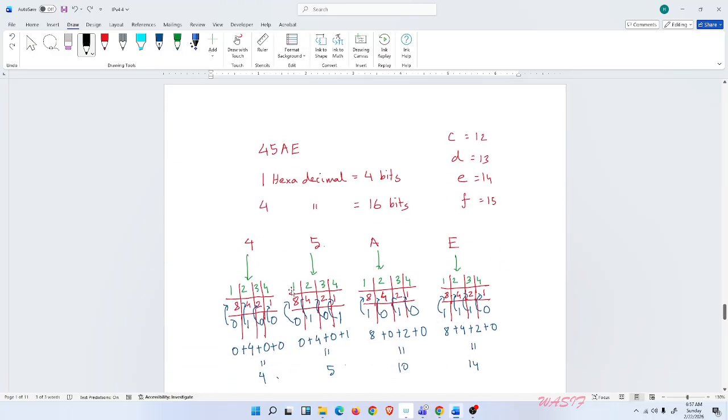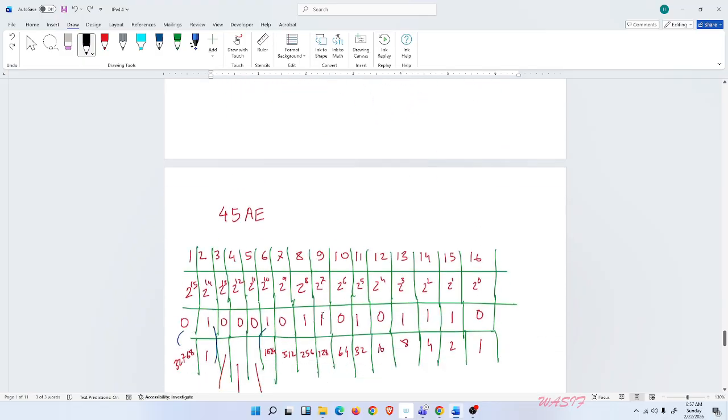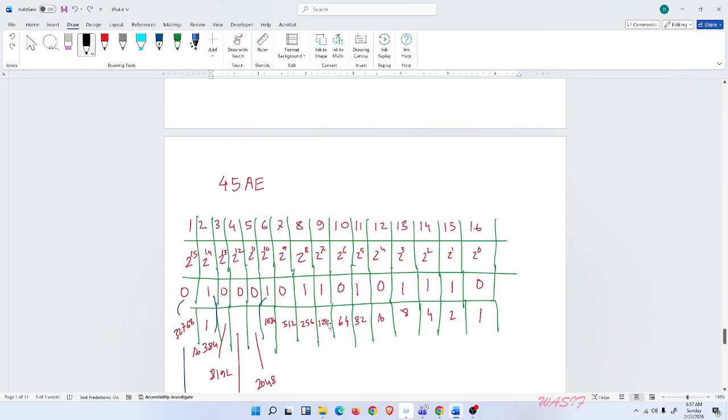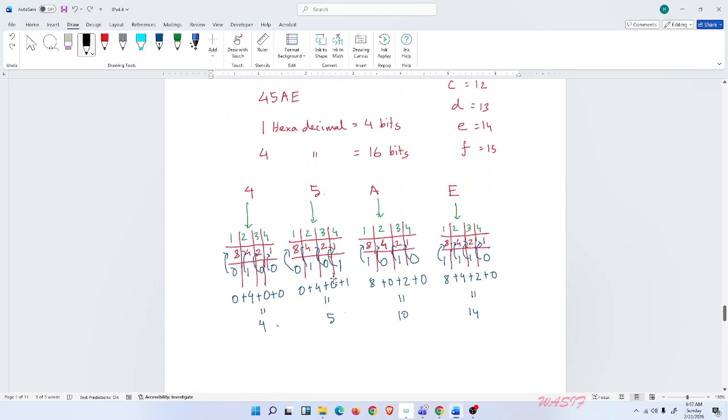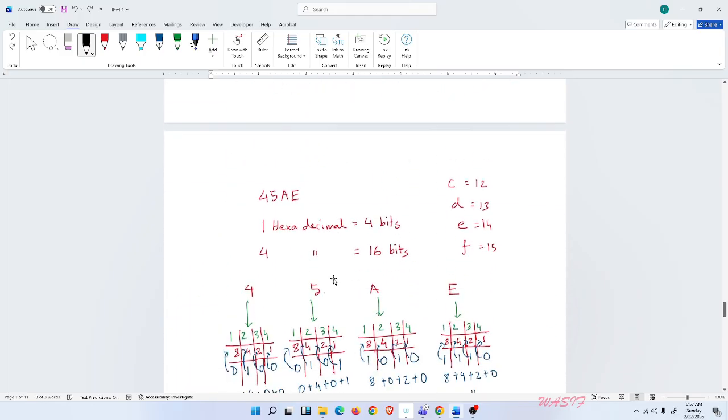Now I will show you another way where you convert hexadecimal into binary first, and after that from that binary you convert to the decimal.